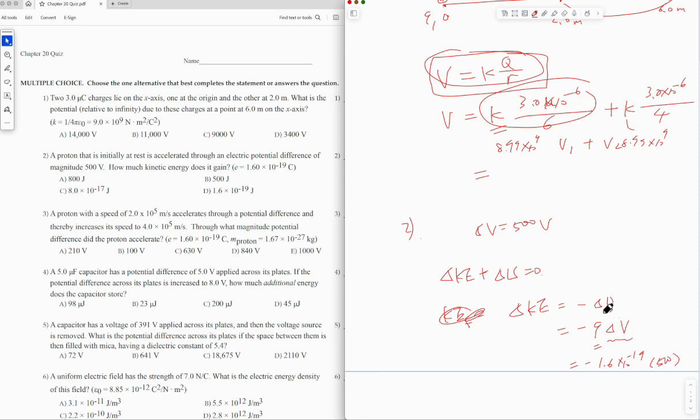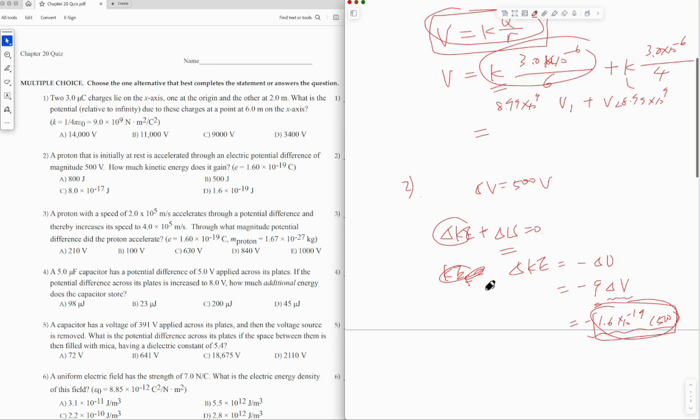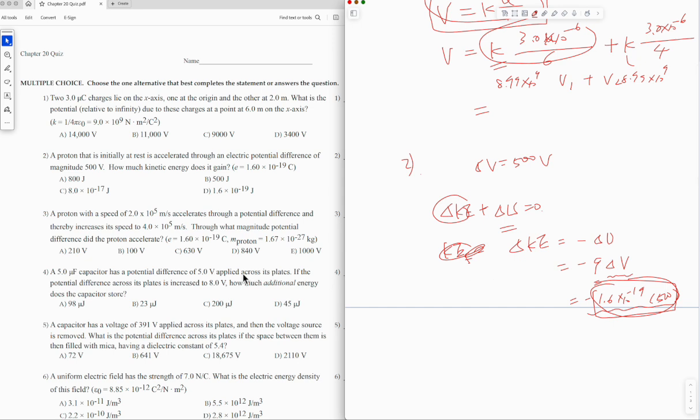This is negative, which means the change of potential is negative. The potential energy drops by this value, and the kinetic energy gains the same amount. So the answer will be this times 500. Number 3.